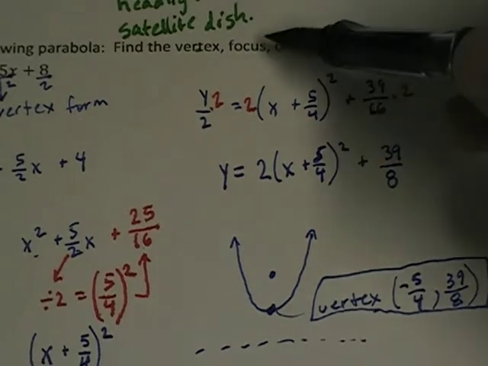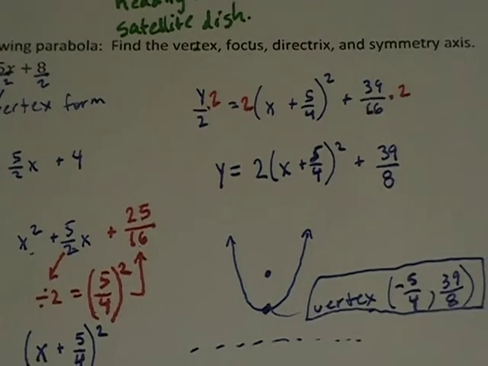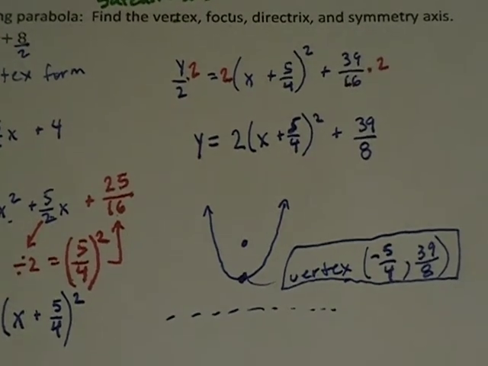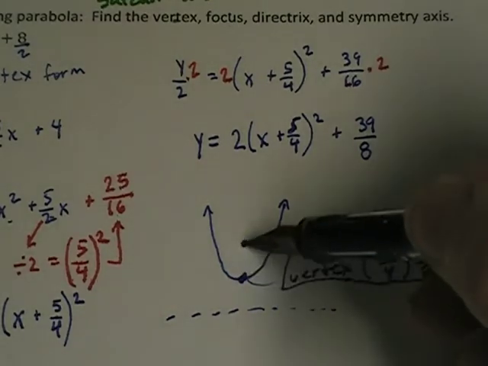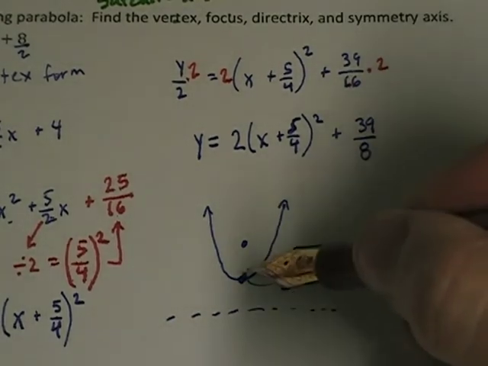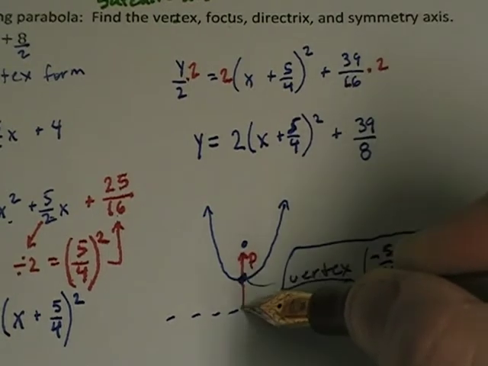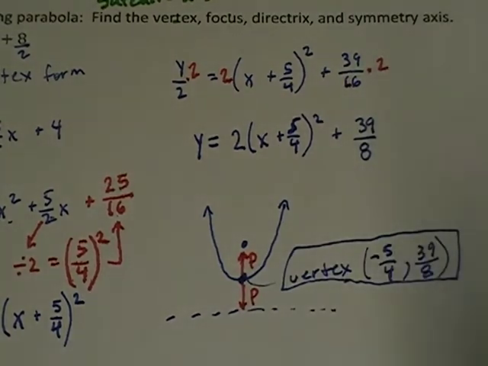The second question they ask is the focus. To find the focus, I need to know p. Remember, this distance here and this distance here, and I'll go ahead and label those in a color. They're both p. So this is p units up, and this is p units down. Since they go up and down, they're going to affect the y value.